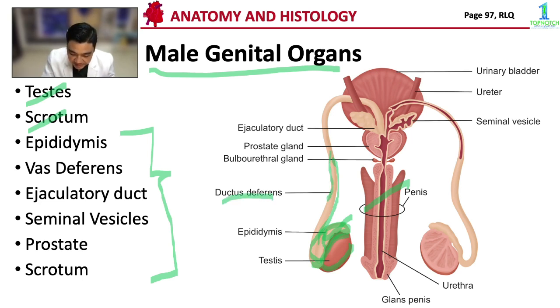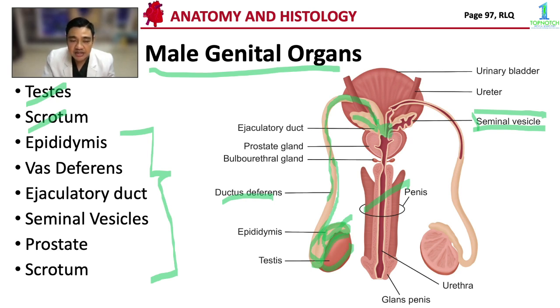This vas deferens, as it goes up, would meet the opening of other vital structures, such as that of your seminal vesicle, to provide nutrition, more nutrients, and other substances to further capacitate the sperm for fertilization. Okay? Those two would converge to your ejaculatory duct.